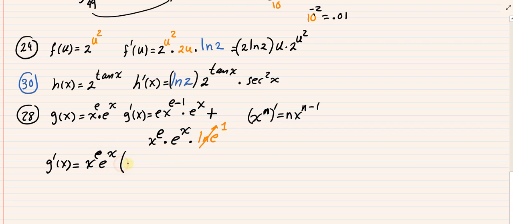When we factor that expression, we get 1 plus, and the same thing is being removed from the first term. So e to the x is being brought out, and also x is being brought out. Okay, so when we do that, we're going to get e to the x. Okay, and that should be the answer to this one.